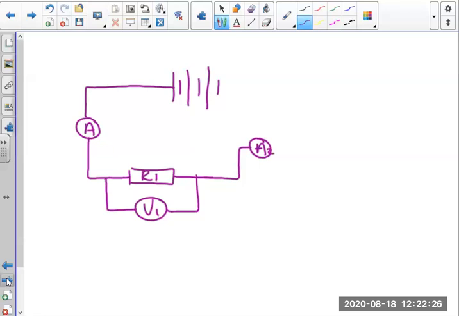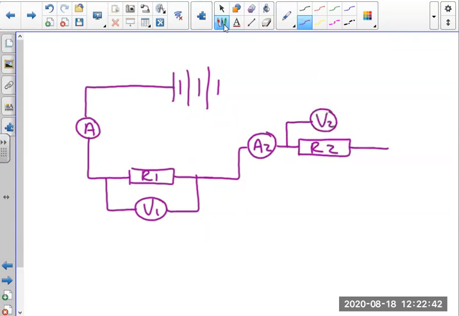Let me just do it nice and neat. A2. Then I have R2 here, and over the R2, I have a voltmeter, V2.